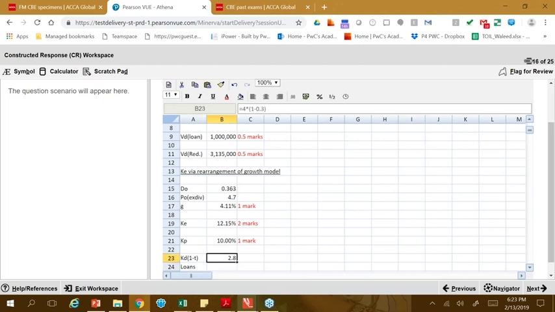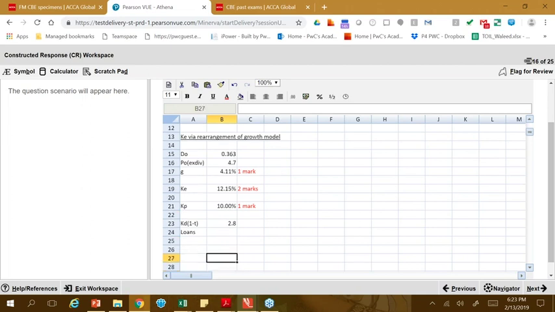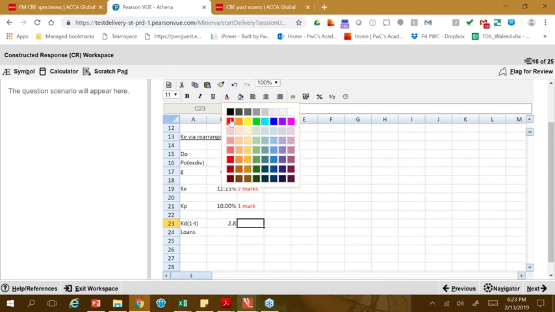So my KD of the bank loan is 2.8%. And this will also give me here 1 mark for working out the KD of the bank loan.